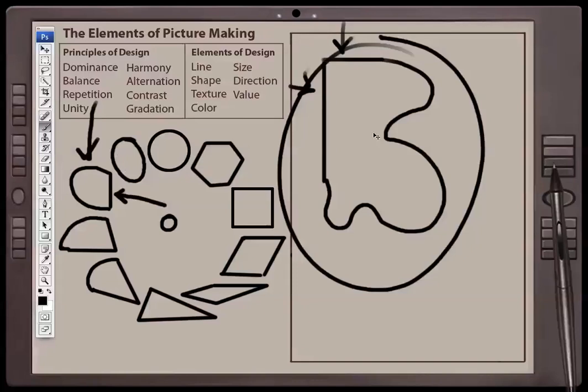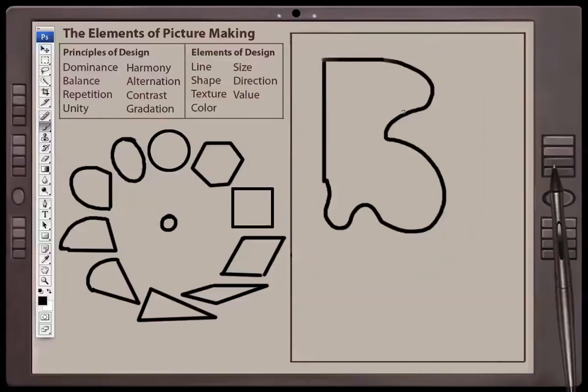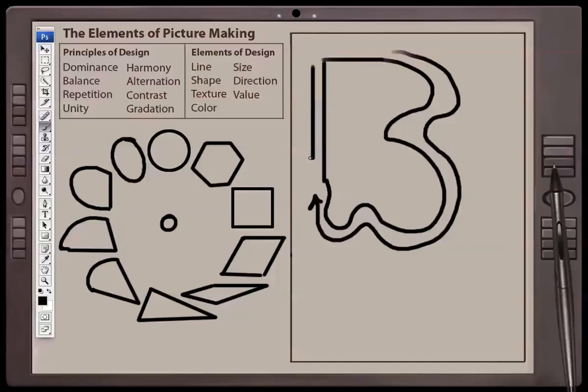And in this example here, there's more of the curve than the straight line. So therefore it relates more to this shape because in this shape there's more of the curve than this straight line here.